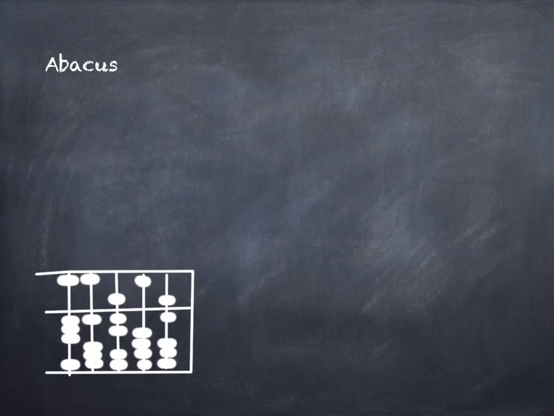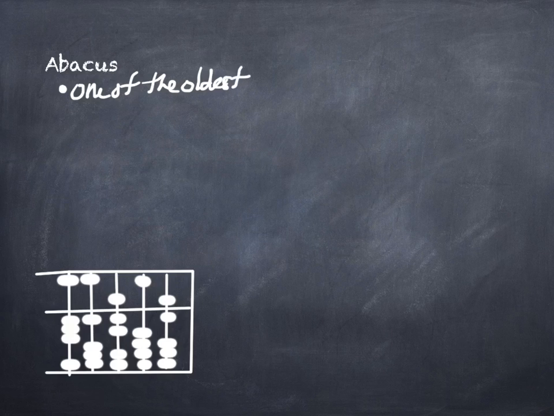Now, an old way of doing mathematics, or mathematical manipulative, was something called an abacus, and this is kind of like the oldest method for speed calculating. So let me tell you some details about an abacus.